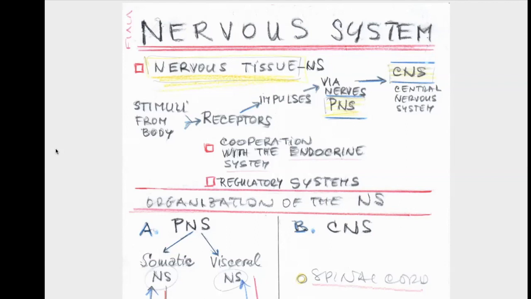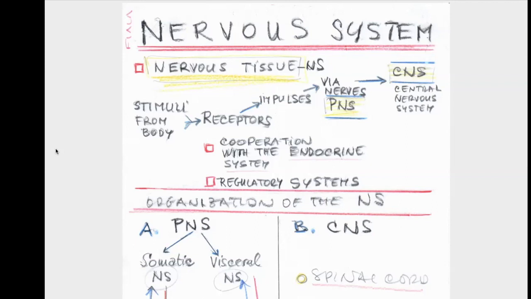We see two arrows in blue, the specialized nerve endings, which are called receptors. The impulses go via the nerves belonging to the peripheral nervous system to the central nervous system, which is the spinal cord or brain. So this is the first part in the upper half of the first page.